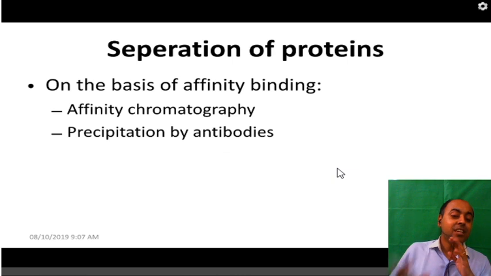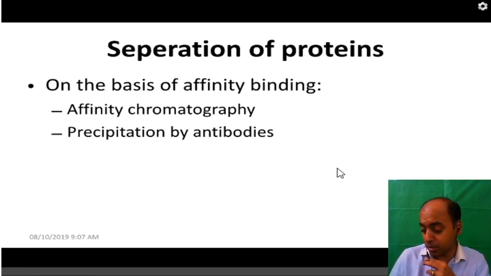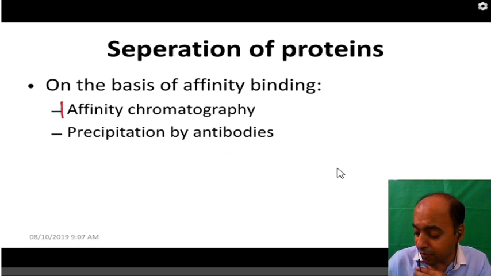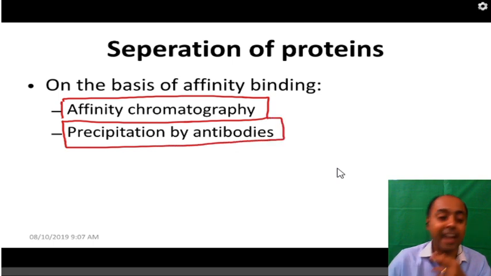See, all of them have very good separation but not exquisitely precise. But there are certain techniques by which we can get an absolute pure form of the protein. Two of them include the affinity chromatography, very specific, and precipitation by antibodies.